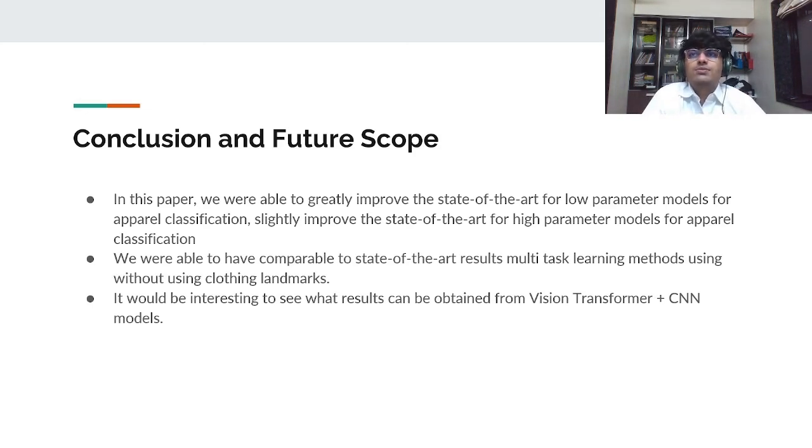Vision transformers would not be the best in terms of this problem statement, mainly because of the lack of inductive bias, and it would require even more images, in my opinion, to generalize well. However, combined with CNN, I feel like the results could be interesting and might even surprise us.